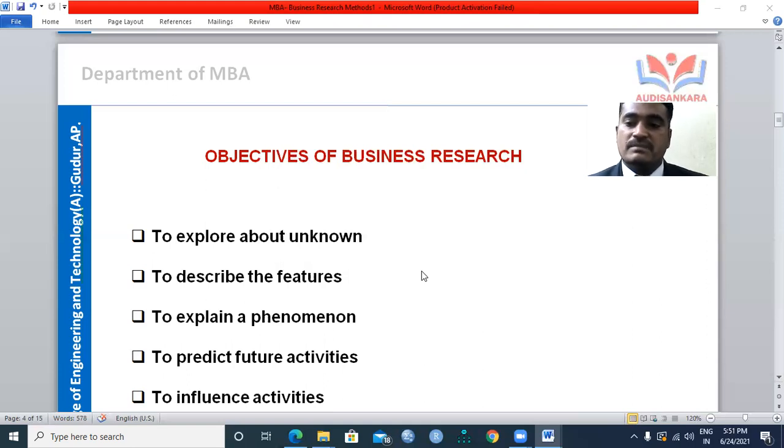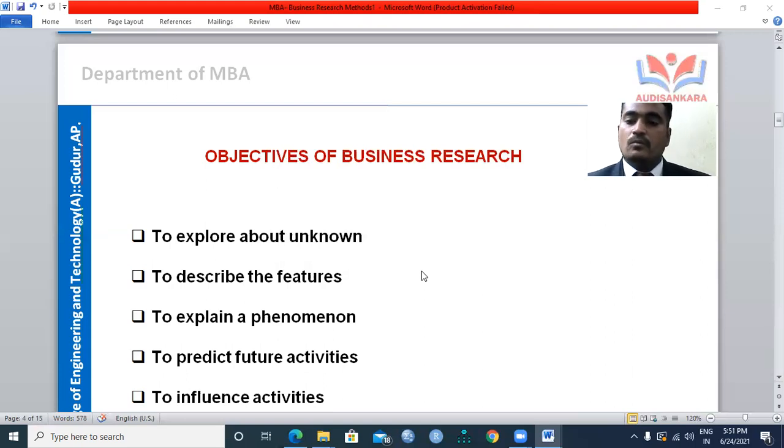That's how research facilitates us not only to come up with the best possible solution to that area, but also to estimate in advance the expected changes that will happen in future related to this business research, right?